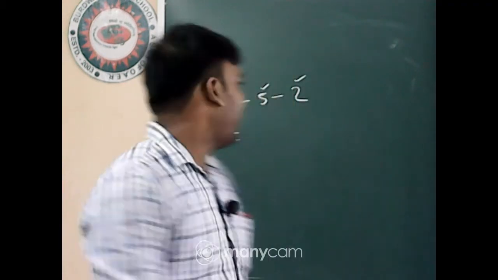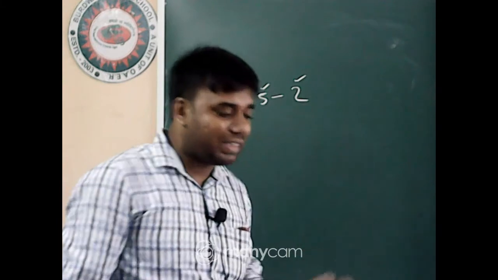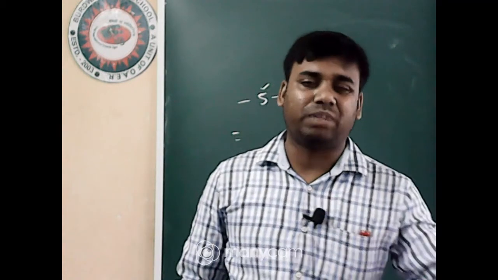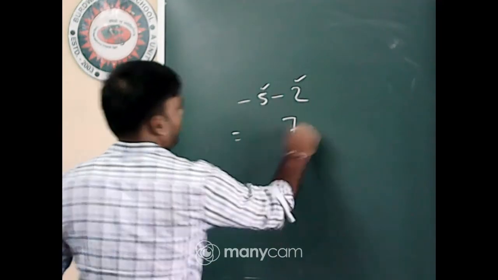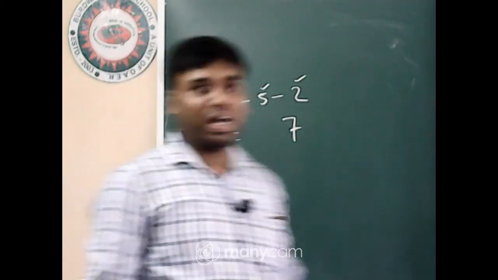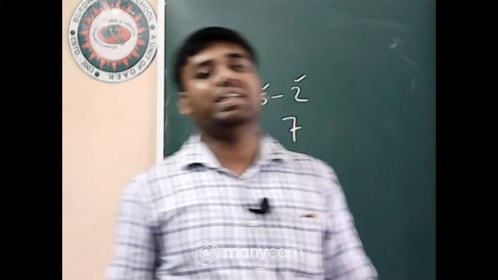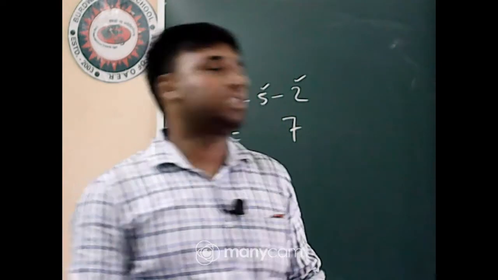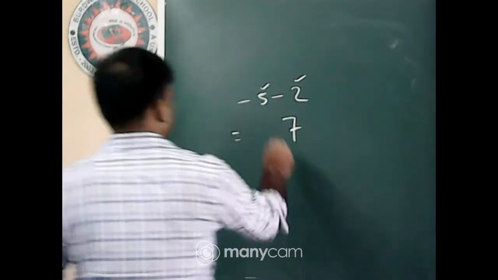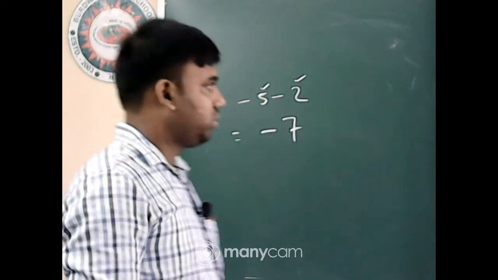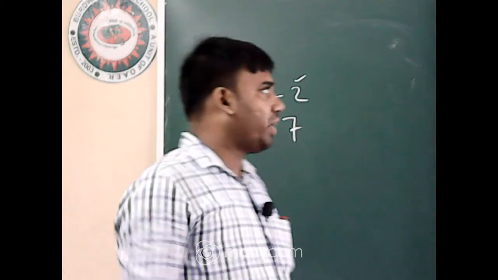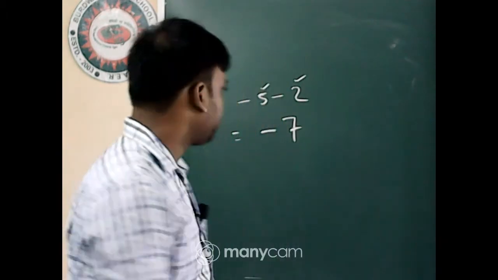So just add 5 and 2, that is 7. Now, what will be the sign, plus or minus? That is minus. So, minus 7. Got it? Just a few minutes ago I have discussed it.